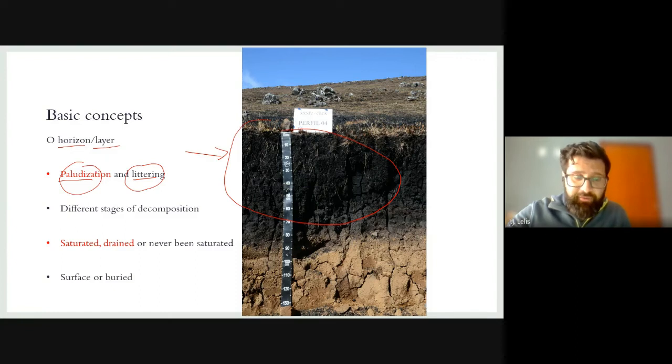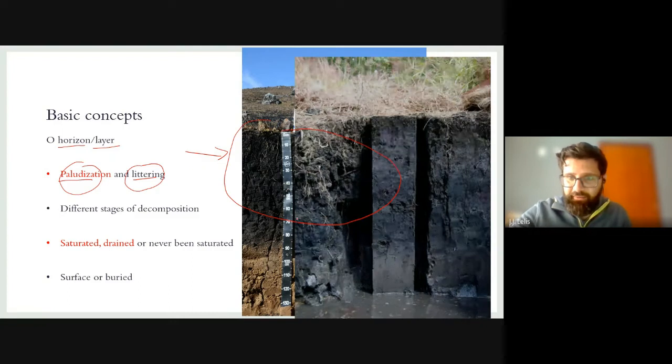Paludization is a process which occurs in flooded areas like this. You can see water here. This is a part of soil that's very close to a river, and in this area, the water comes very close to the surface and favors accumulation of organic matter, so it produces an O horizon by paludization.